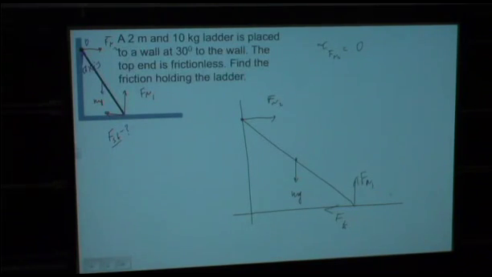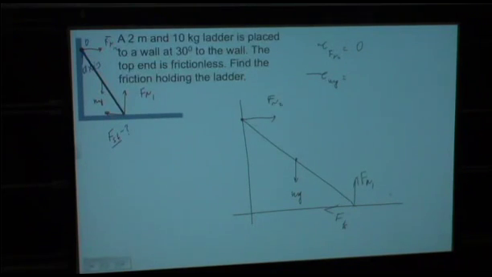Now, this torque, the torque due to the force of gravity acting on the ladder. And now we have to choose. We have 3 expressions for calculating torque. The definition, the second one with the sign, and the third one with the lever arm. I will be using only the last one.